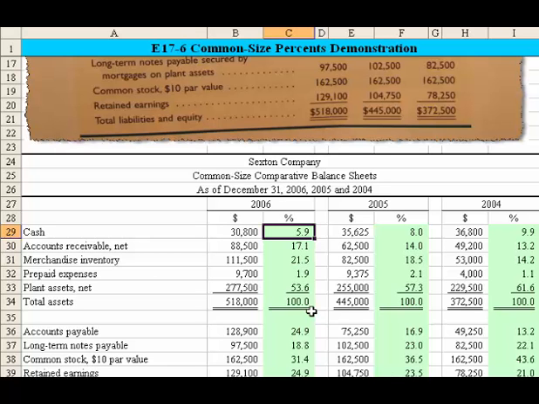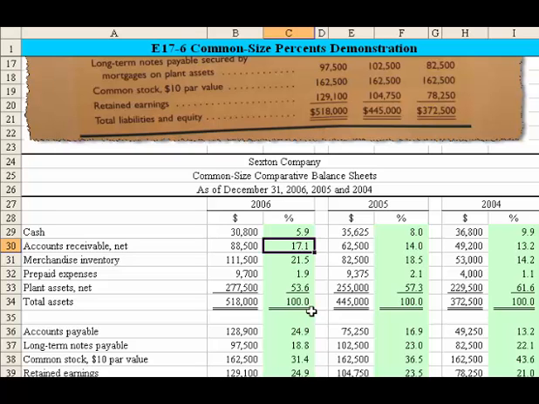If you look at accounts receivable, it has increased, and this could be bad news in that we're tying up assets in an unproductive manner, and perhaps it means there may be some assets at risk of being uncollectible. Now, it could be good news if the increase in sales is outweighing these costs, and we expect there to be a positive relationship between the increase in sales and increase in accounts receivable.